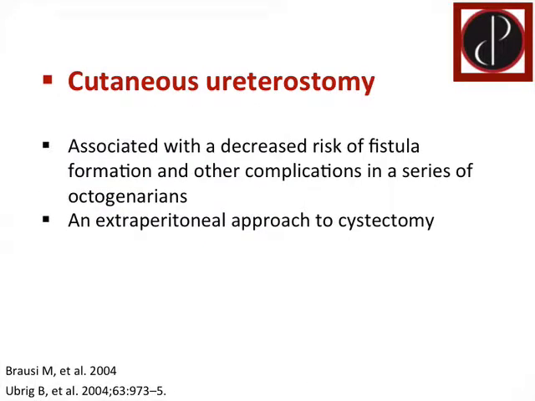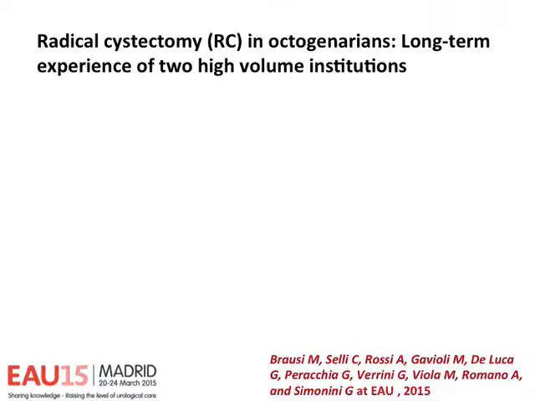And then the idea of having a retroperitoneal or extraperitoneal approach, doing cystectomy and ureterostomy, was brought up by Brosi and Obrick in different papers in 2004. They said that you might have fewer complications if you do an extraperitoneal approach.